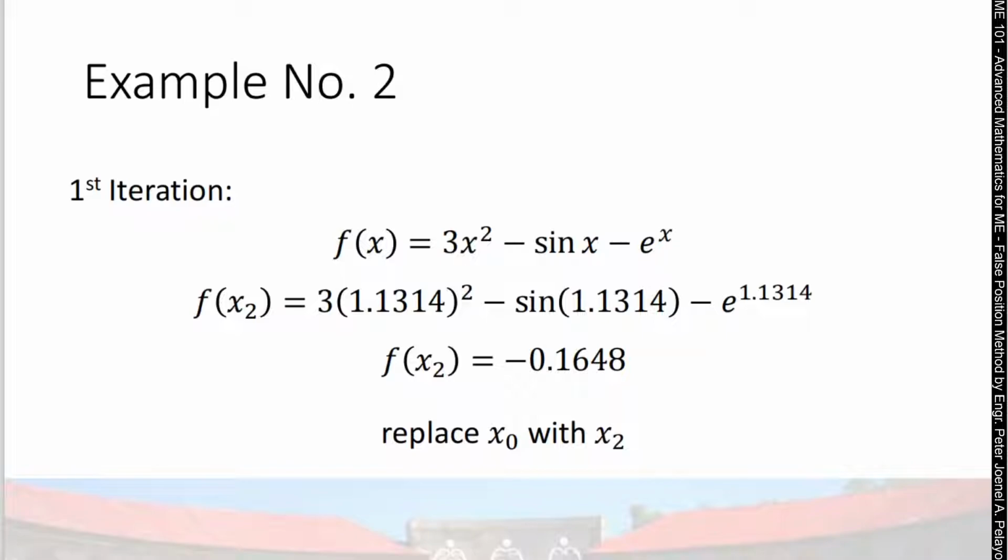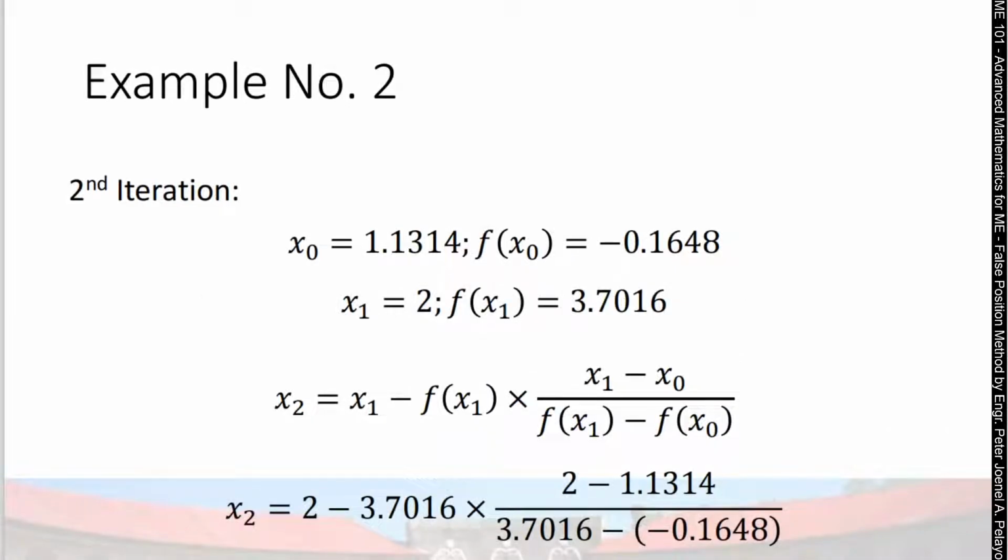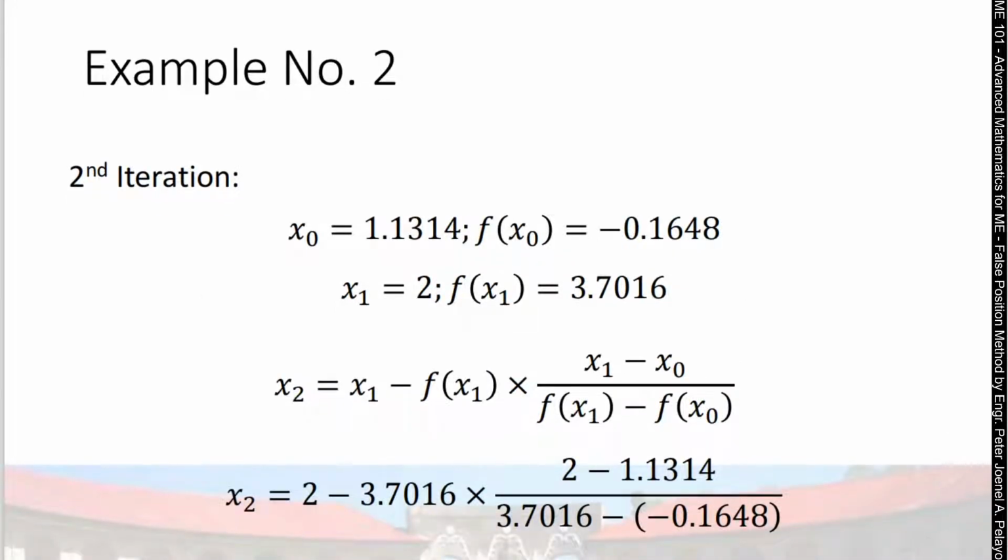Then we substitute it into the function: 3 times the quantity 1.1314 squared minus sine 1.1314 minus e raised to 1.1314. So, f(x2) is equal to negative 0.1648. So, replace x0 with x2. And then, in the second iteration, only our x0 was replaced with the previous value of x2.